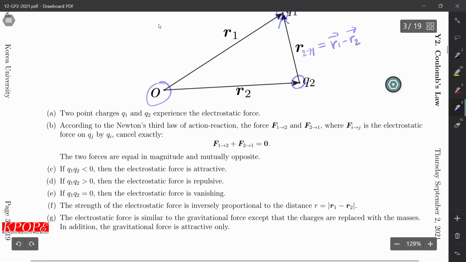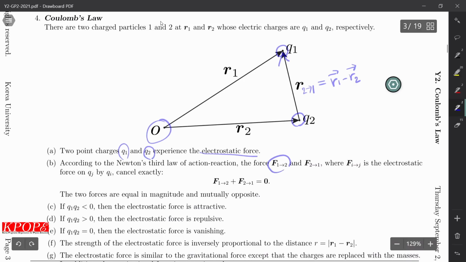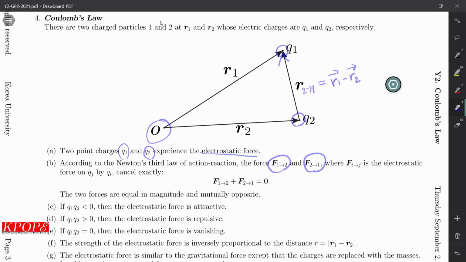If there are two point charges Q1 and Q2, they experience the electrostatic force. According to Newton's third law of action and reaction, we write this one: force applied to particle 2 by 1. This is force applied to particle 1 by 2.